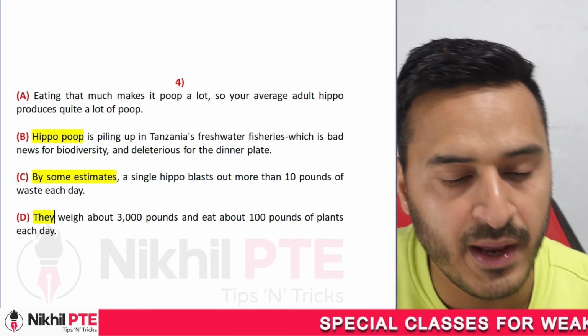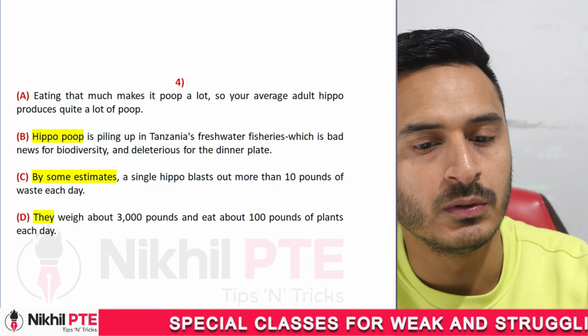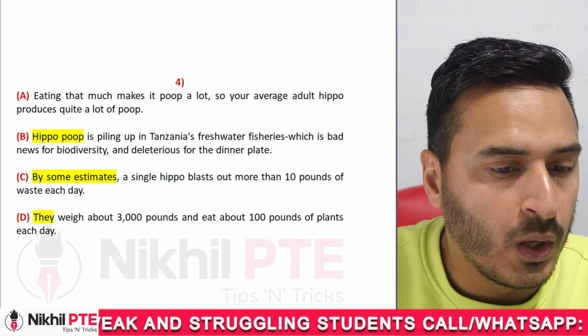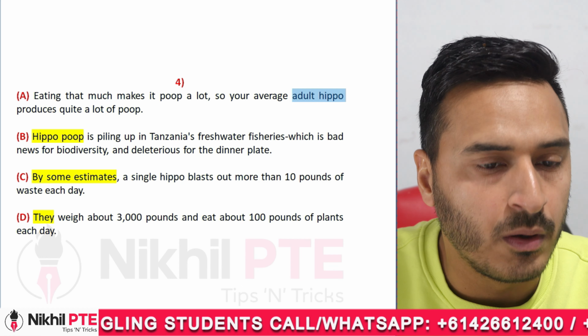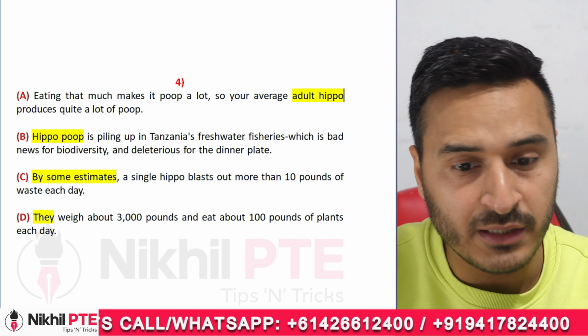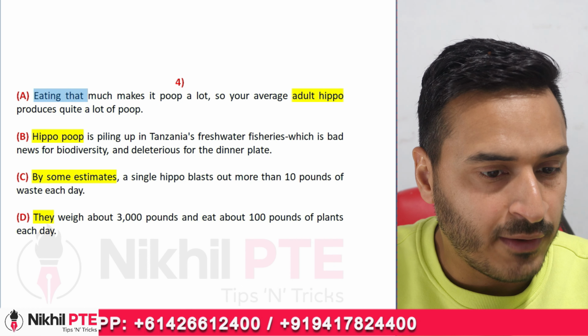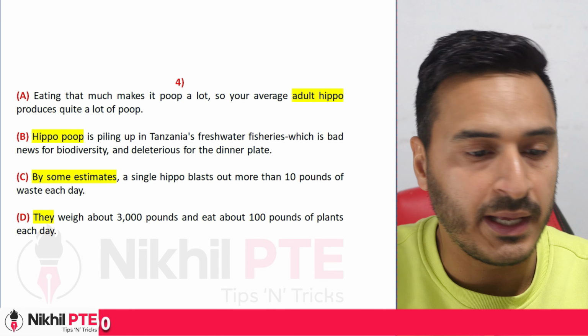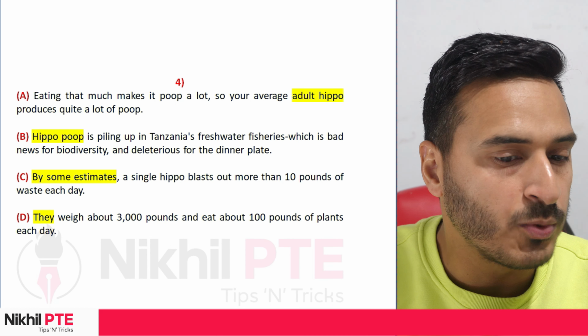"Eating that much makes it poop a lot, so your average adult hippo..." Here we are talking about an adult hippo. You can check the location after many words. Here we are talking about an adult hippo, but in option B, hippo poop, we are starting with this keyword, hippo poop.